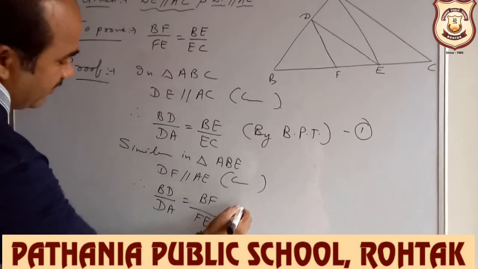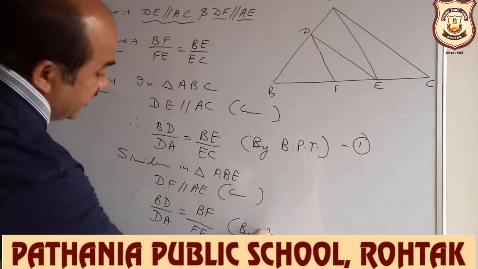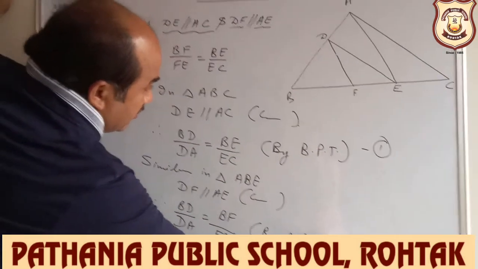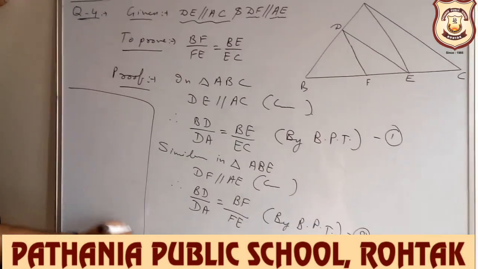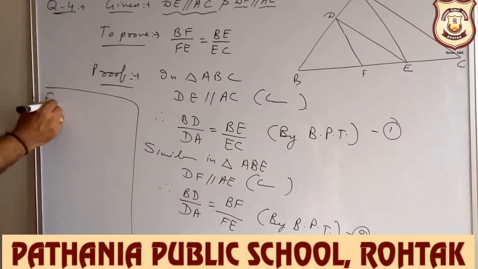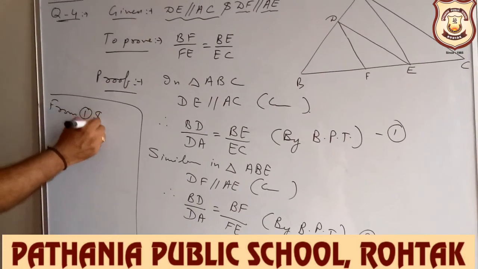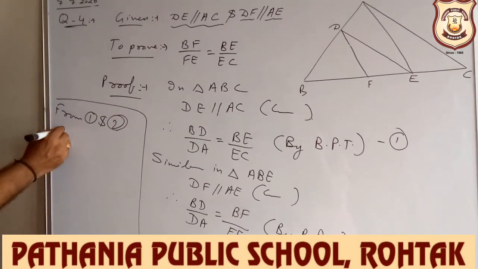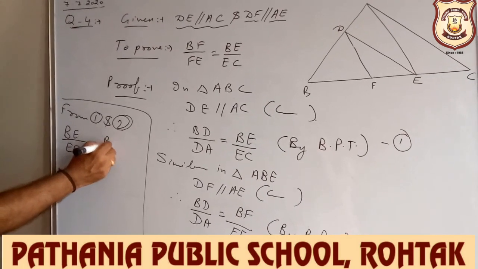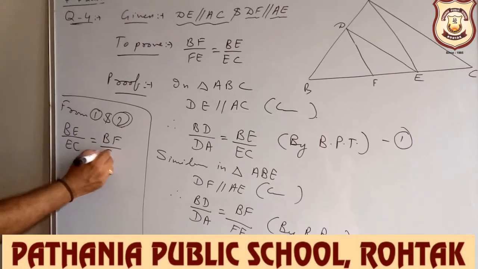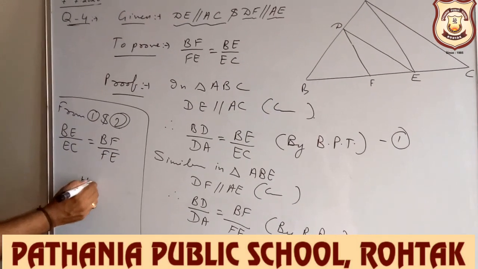Why? By BPT. Mention this one as second. Then after this you can write, from first and second, BE upon EC equals BF upon FE. Hence it is proved.